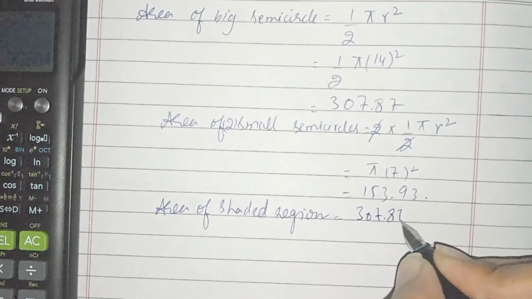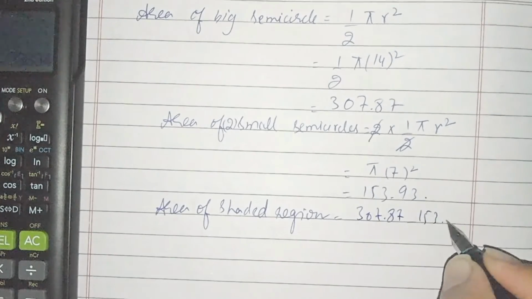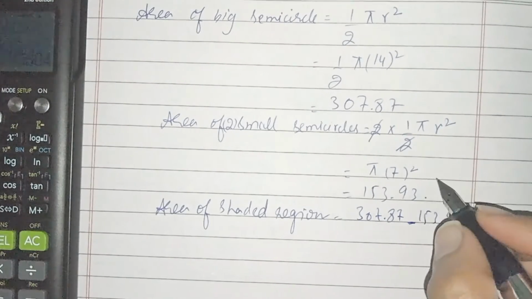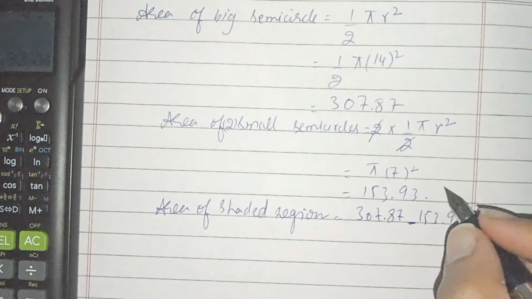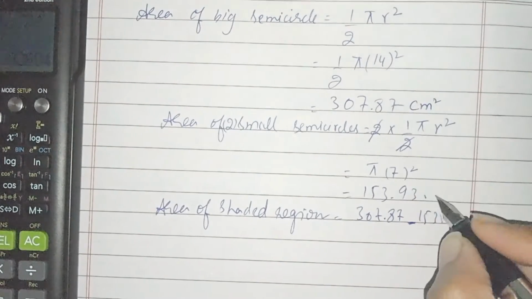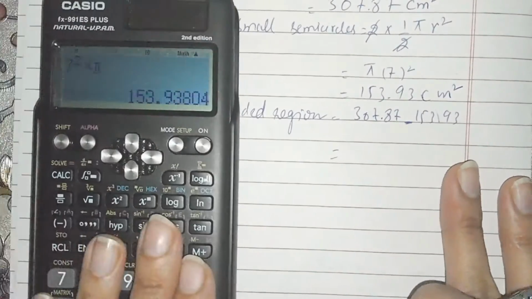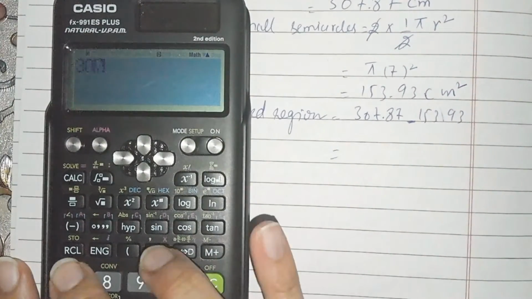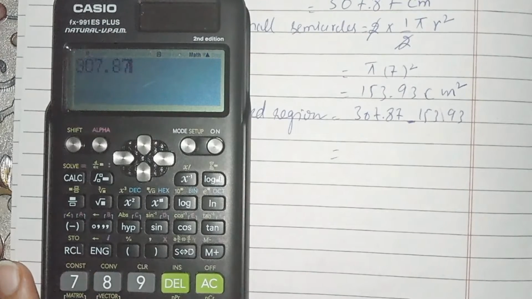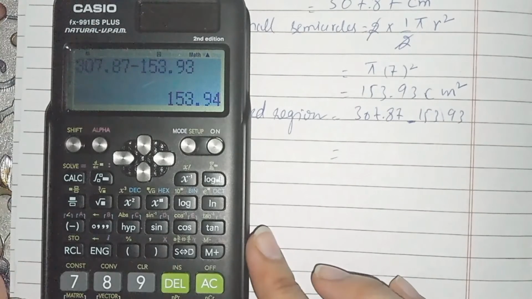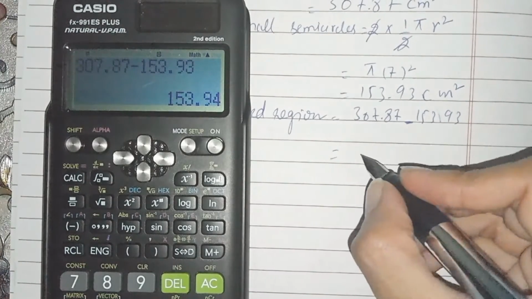Area of shaded region: from the larger value we have to subtract this value, and the unit is centimeter squared. 307.87 minus 153.93, and we get 153.94.